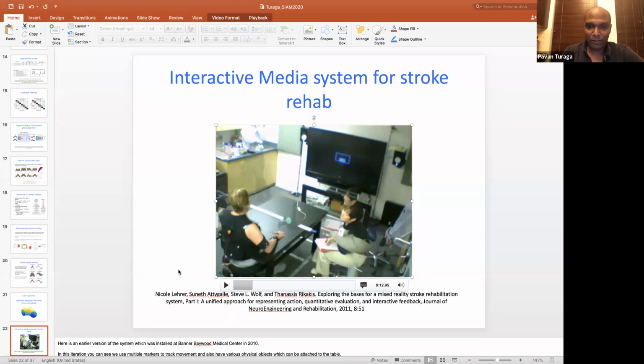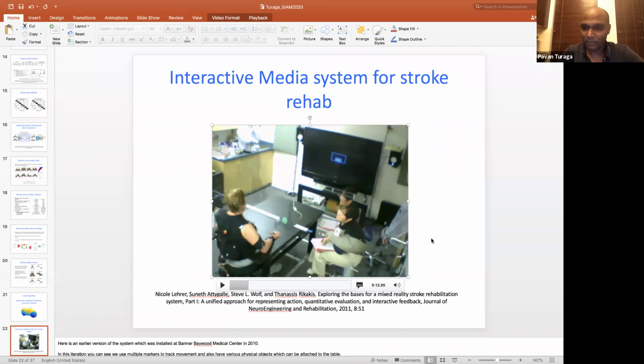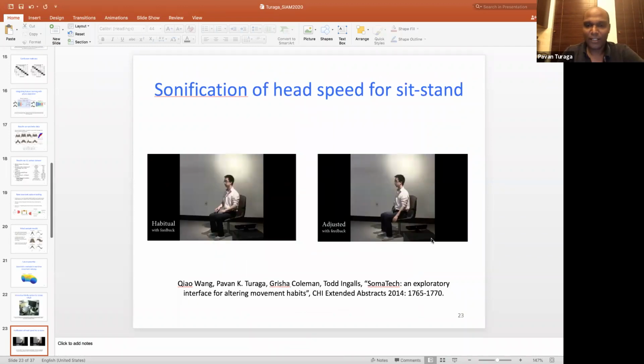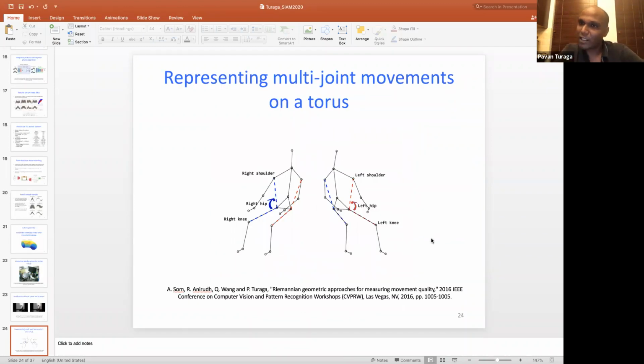Without being super precise, all I wanted to say was one way to think about multi-joint human movement, assuming you have joint angles. This is special for motion capture, where you have stick figures available to you, or you have some other means of estimating angles between joints.